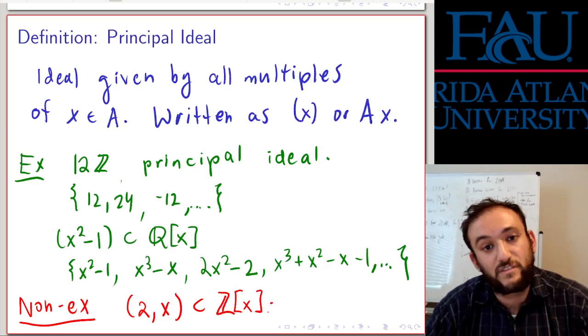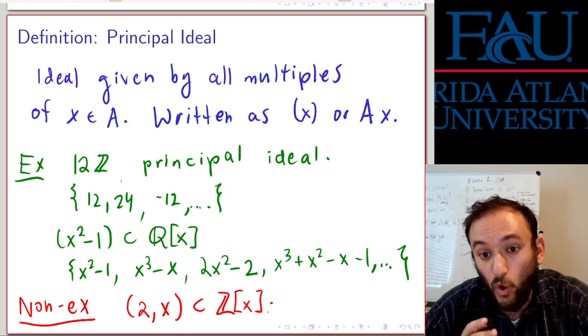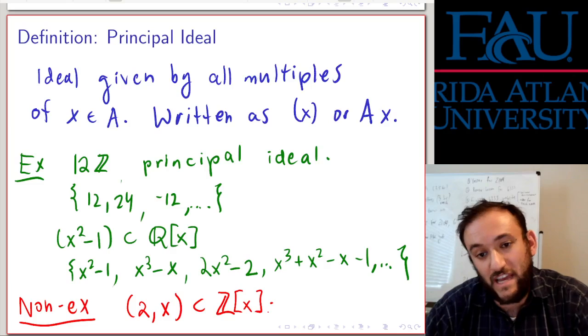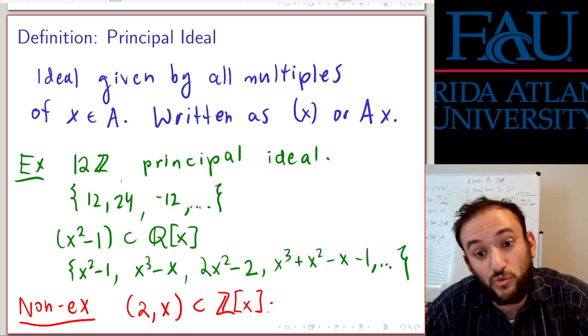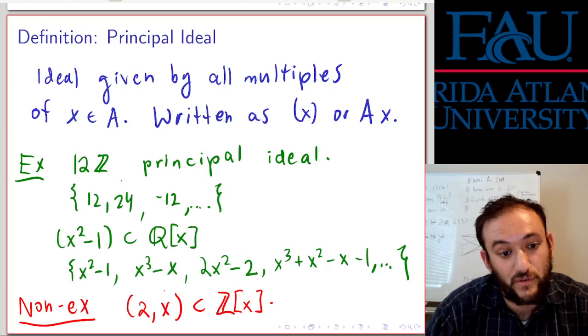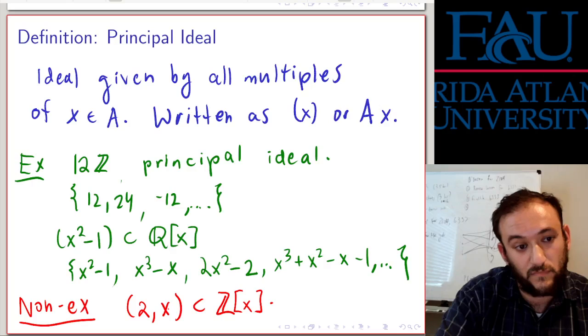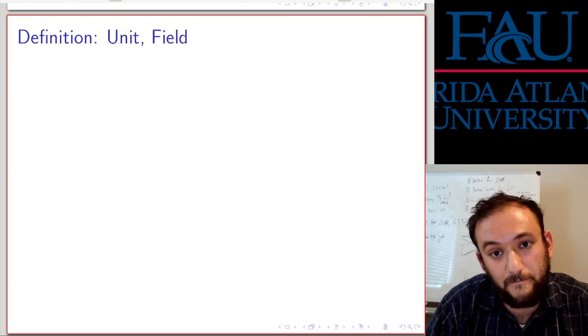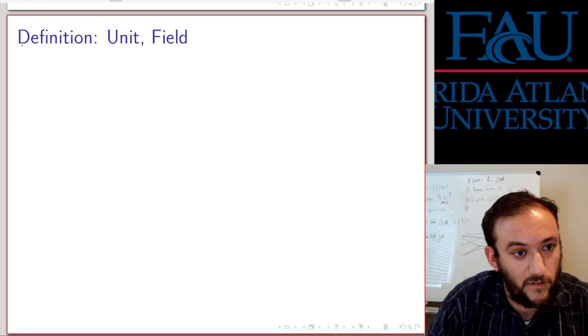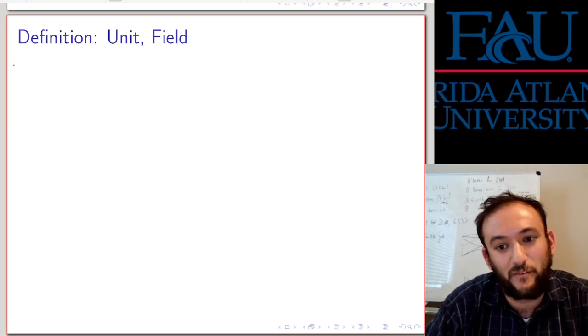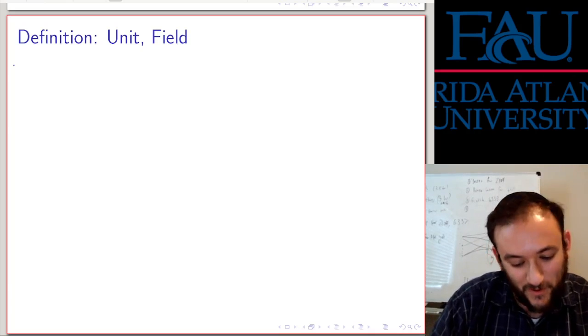You can convince yourself that this is not the whole ring, and yet there's no single element which has both x and 2 as a multiple. So you need both of these in order to generate the ideal. Thank you for staying with me through this. It's a lot of definitions, but we need this in order to move forward in the course.